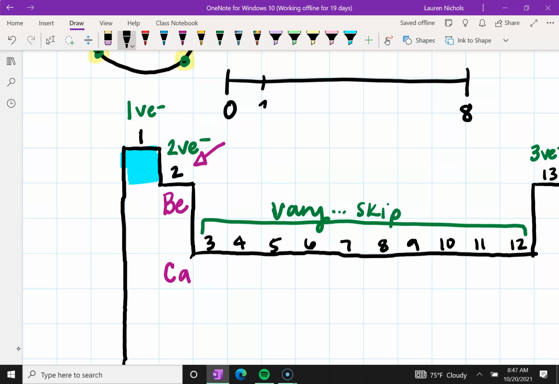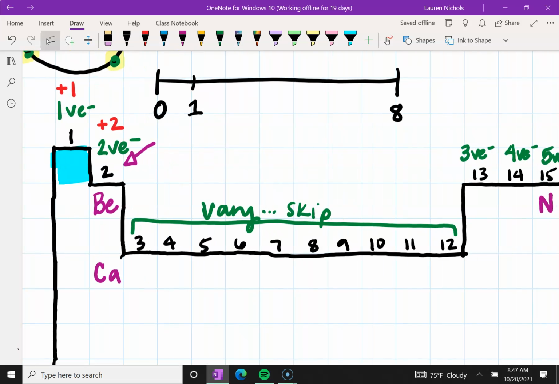If you only have 1 valence electron, you're much closer to 0 than you are 8. So you're always going to lose electrons. So anything in column 1 is going to form a +1 charge. Anything in column 2, like beryllium, is going to lose those 2 valence electrons and form a +2 charge.